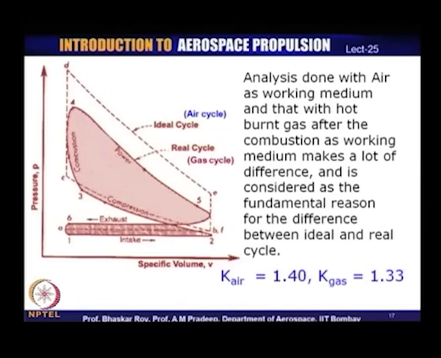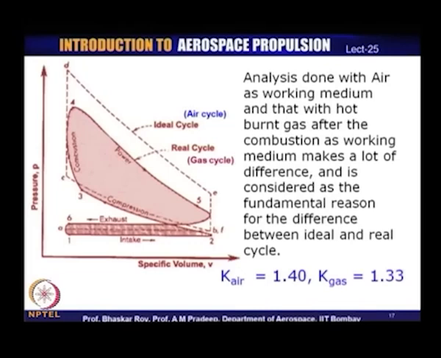So, this difference is mainly due to the fact that you do not have air. As we know, and we can quote the numbers now, for air the specific heat ratio given by K, in some books given as gamma, is often of the order of 1.4, whereas for the gas it is 1.33.